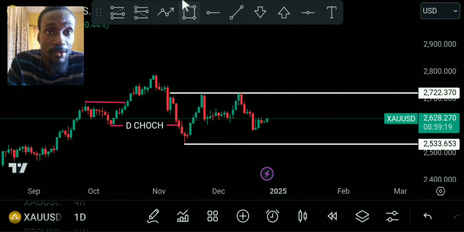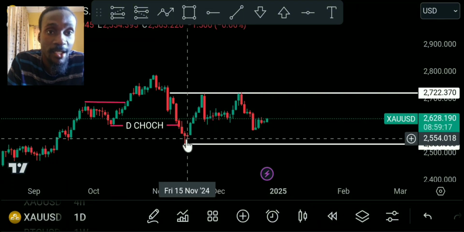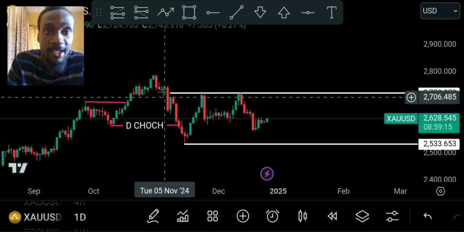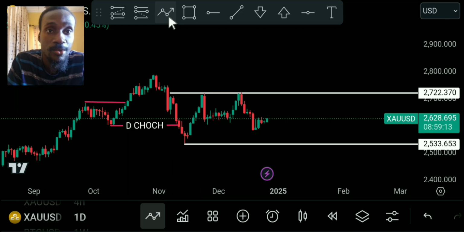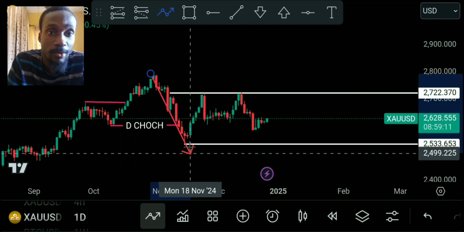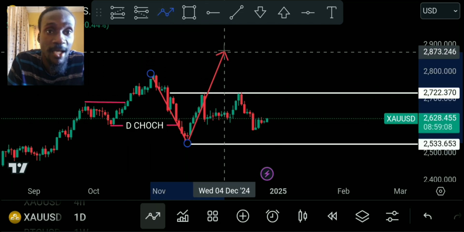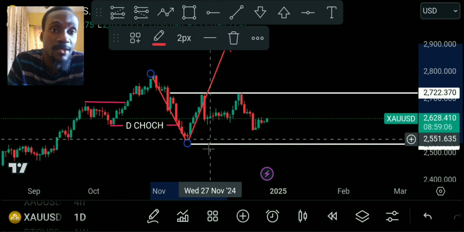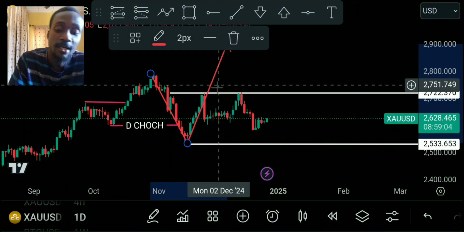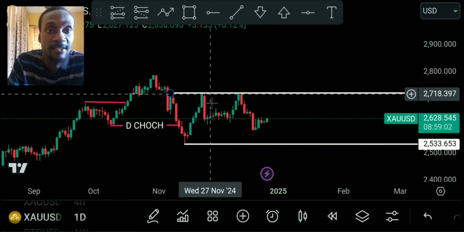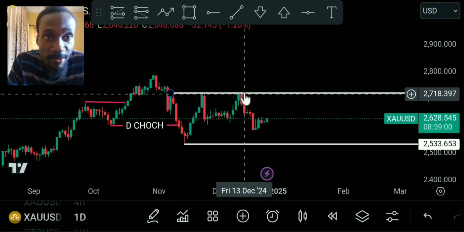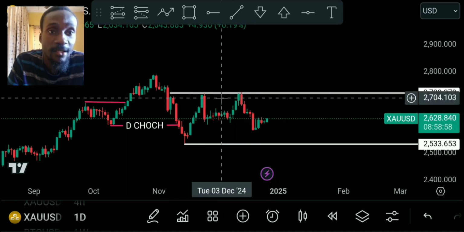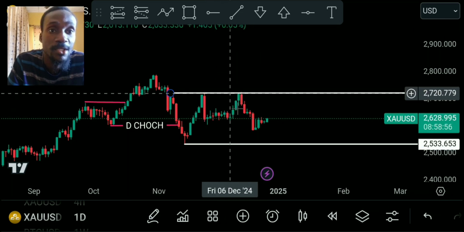And if you observe again, the market failed to create a new higher high than this one. On the norms, after coming down, we're supposed to have something higher than this again. But the market failed to do that, and has been respecting this level. It came here, tested that same level again, and was unable to go beyond it.